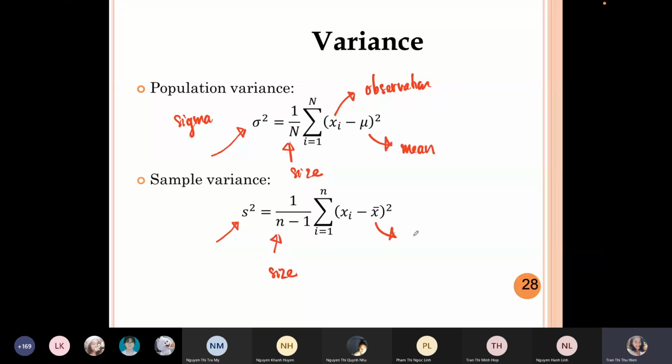So when you look at the formula one more time, the variance is the total difference between observation and the mean.